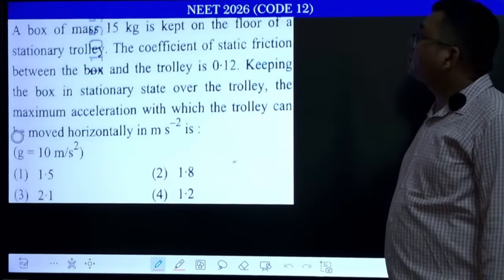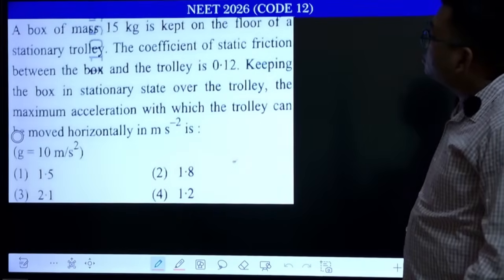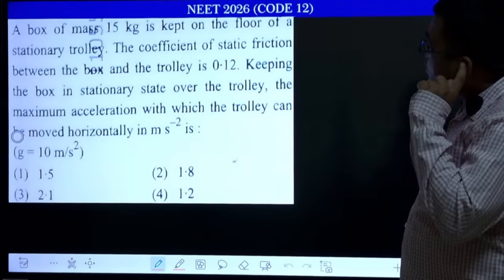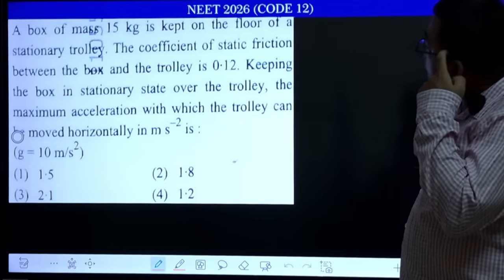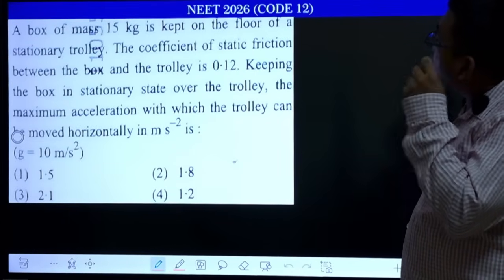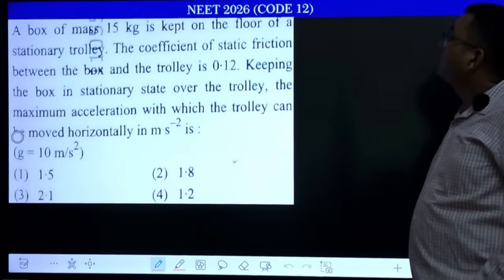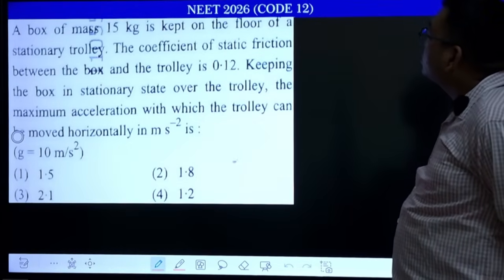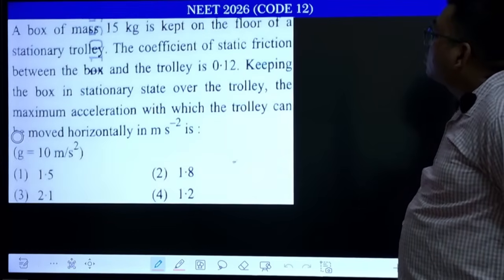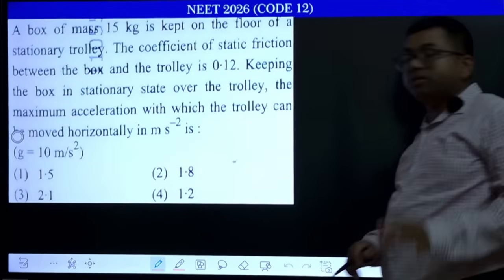A box of mass 15 kg is kept on the floor of a stationary trolley. The coefficient of static friction between the box and trolley is given. Keeping the box in a stationary state over the trolley, what is the maximum acceleration with which the trolley can move horizontally? It's like a two block system, right?